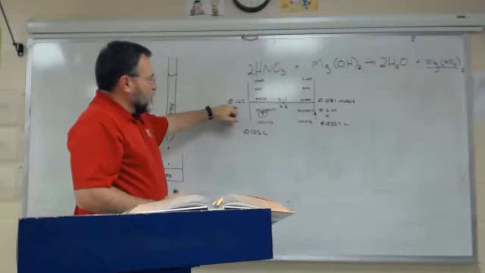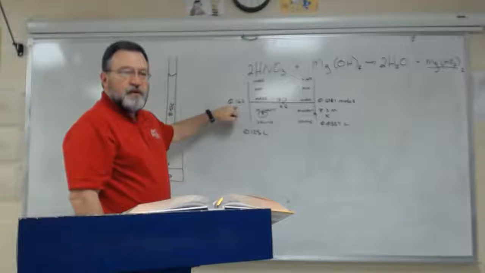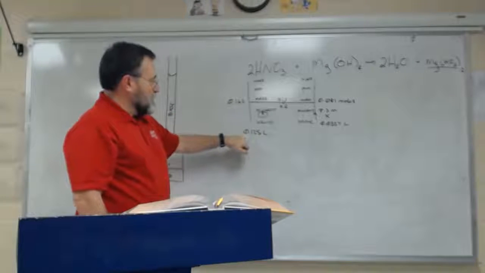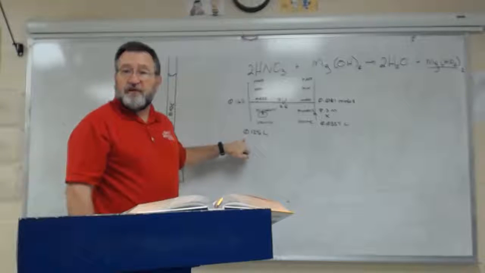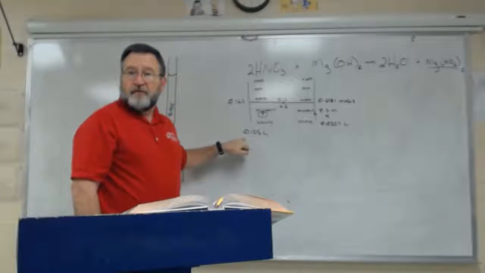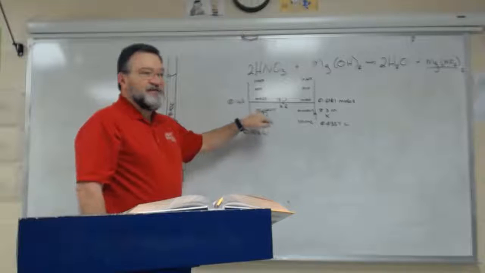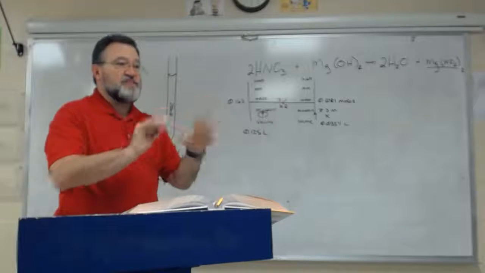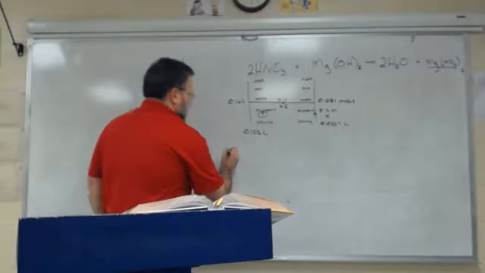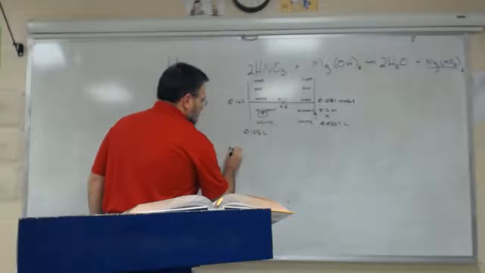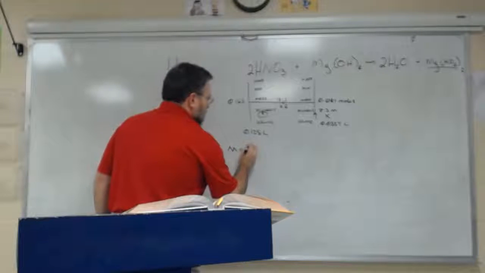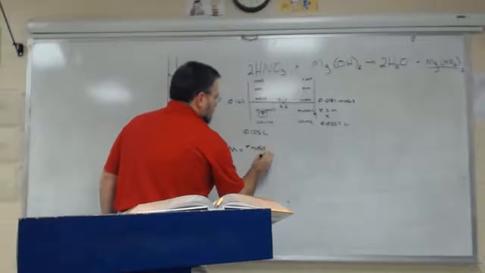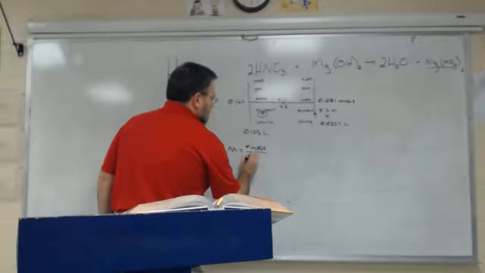I have 0.162 moles, and I know that my volume was 0.125 liters. So what's the molarity? Remember, what is molarity? By definition, molarity is the number of moles per the number of liters, right?